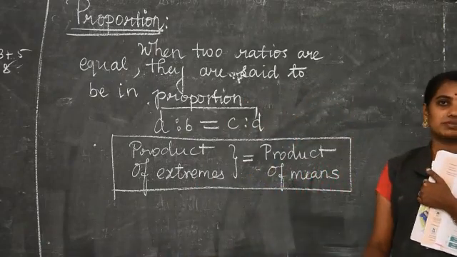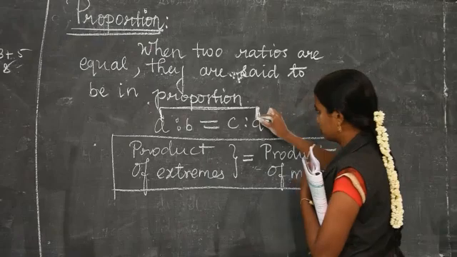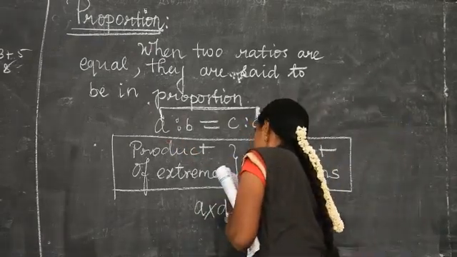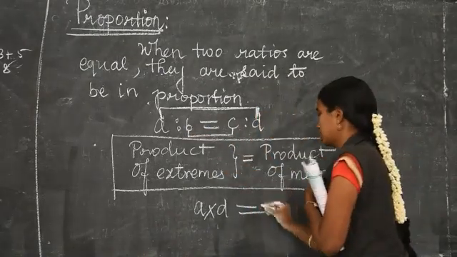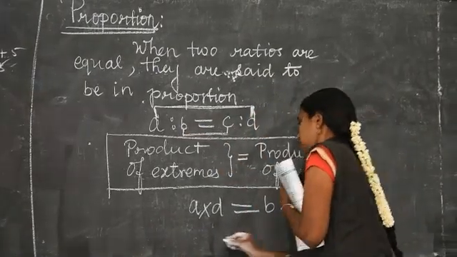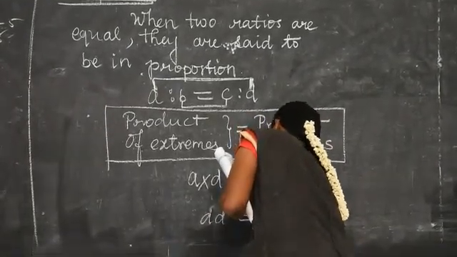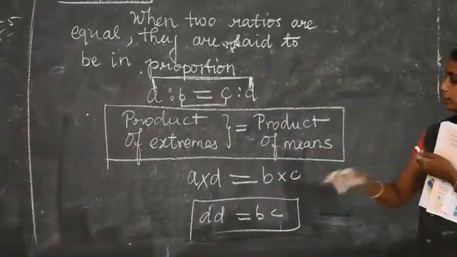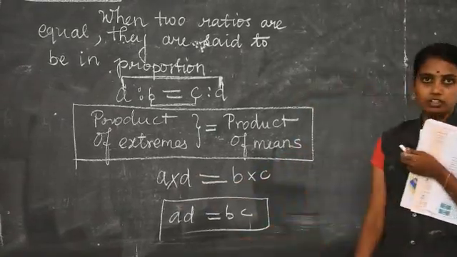Extremes means the outside terms: multiply A into D. Means are the inside terms: multiply B into C. The formula is AD equal to BC. Both are the same: product of extremes equal to product of means, or else AD equal to BC.